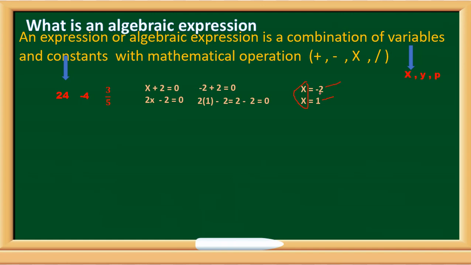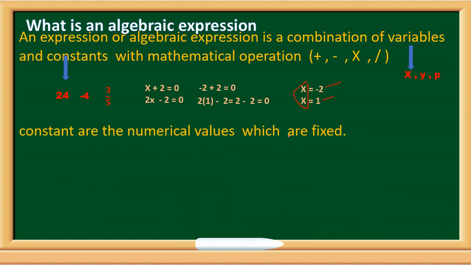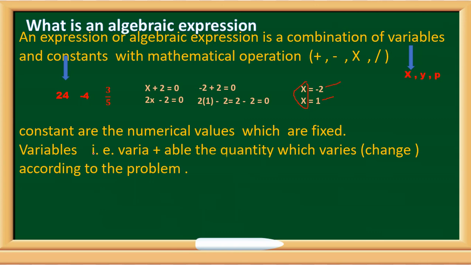Okay, so on the basis of this, now we can define that constants are the numerical values which are fixed, as we have seen: 24 minus 4, 3 by 5, all the numbers that are known as constants. But as in this example we have seen, variable, the word we can divide into two parts, vary plus able.